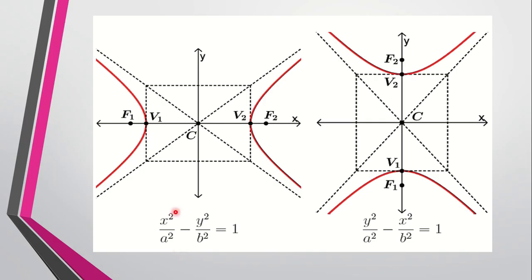Okay, tandaan na, positive si x squared, so eto yung a. Dito, positive si y squared, so eto yung a. Isa pa, pag positive yung x squared, yung transverse axis natin ay ito. So, pag positive si y squared, ito yung transverse axis natin.